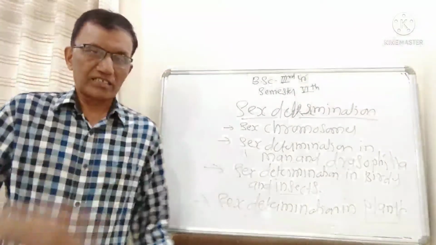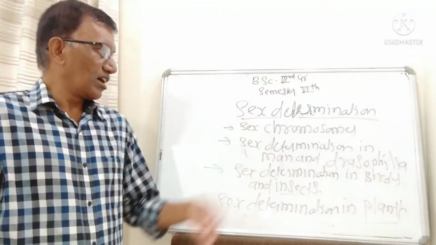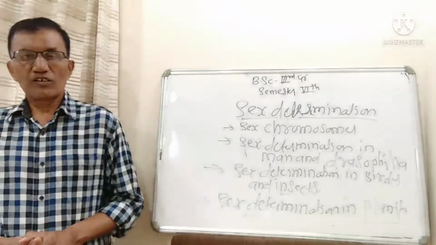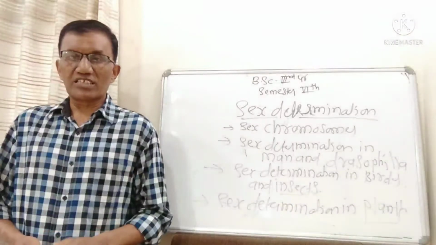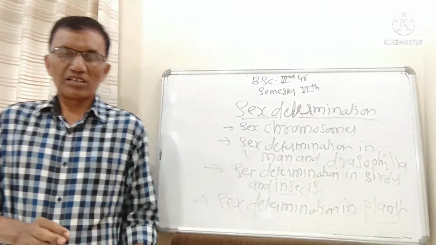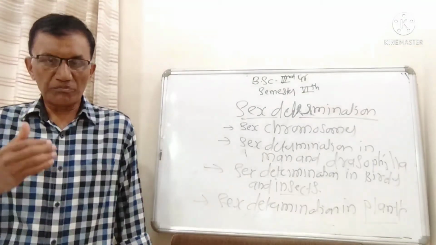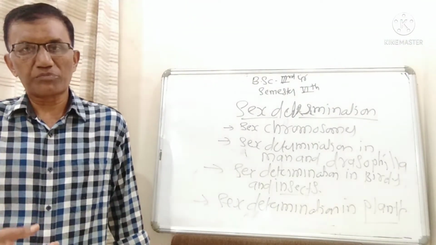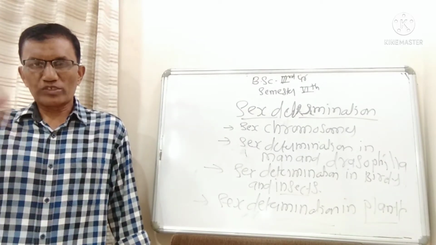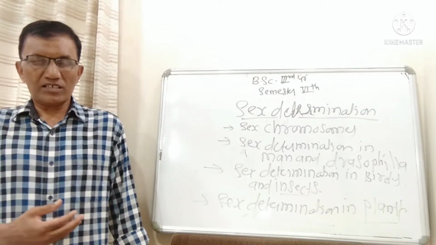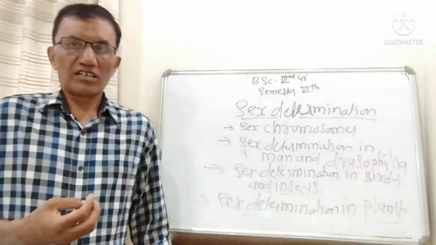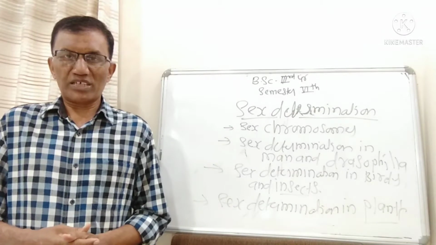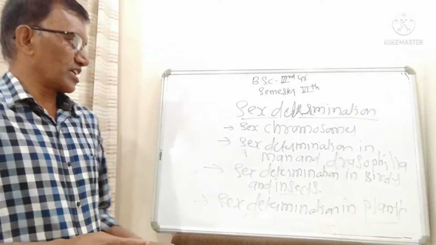Earlier, before the discovery of the chromosomal theory of sex determination and the genetic balance theory of sex determination, many scientists worked on how the sex of an individual is determined. According to their consideration, they gave certain hypotheses, but environmental factor was mainly held responsible for determination of sex.